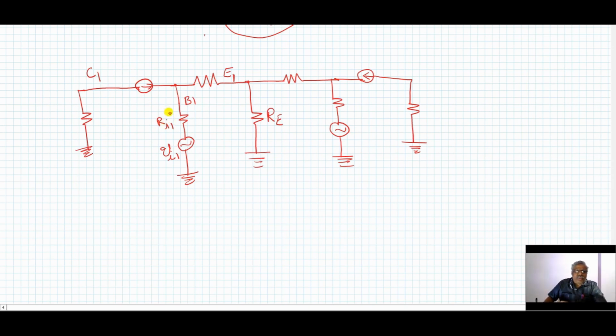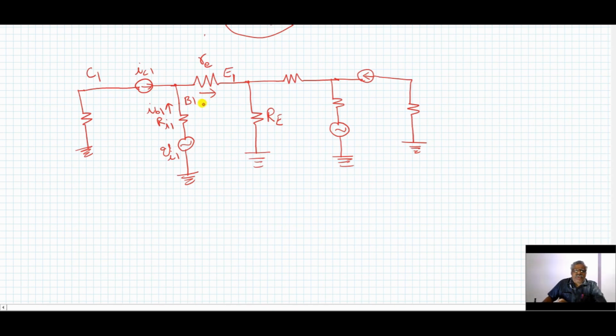The current flowing through base is IB, and the current flowing through this is IC1. Let us call this IB1 base current, and collector current is IC1, and this is the RE of the first transistor.